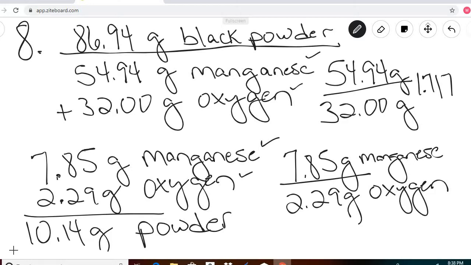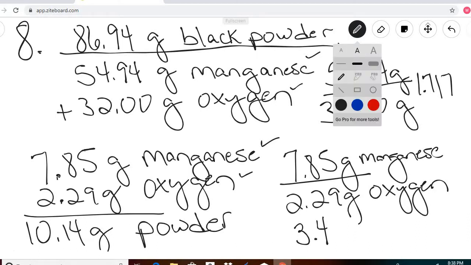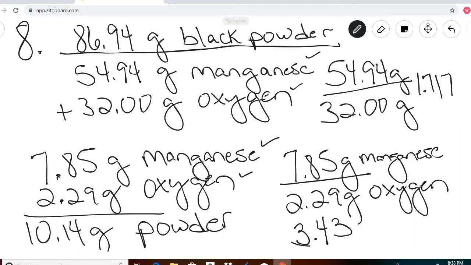And then if we look at the ratio for the powder that we made below, 7.85 divided by 2.29, the ratio that we get is 3.428 with three significant figures. So I guess this one would just be 3.43 is our ratio.